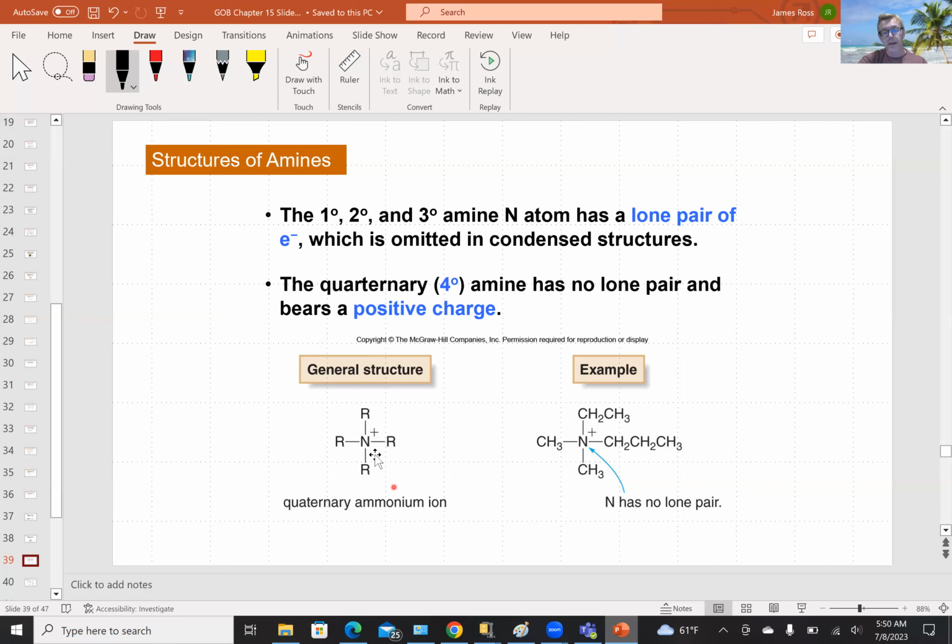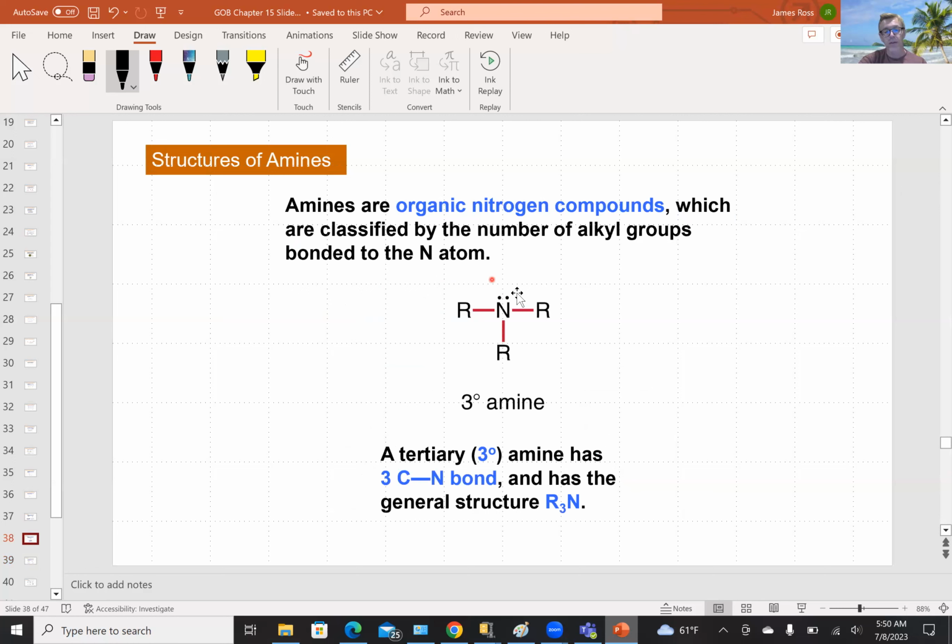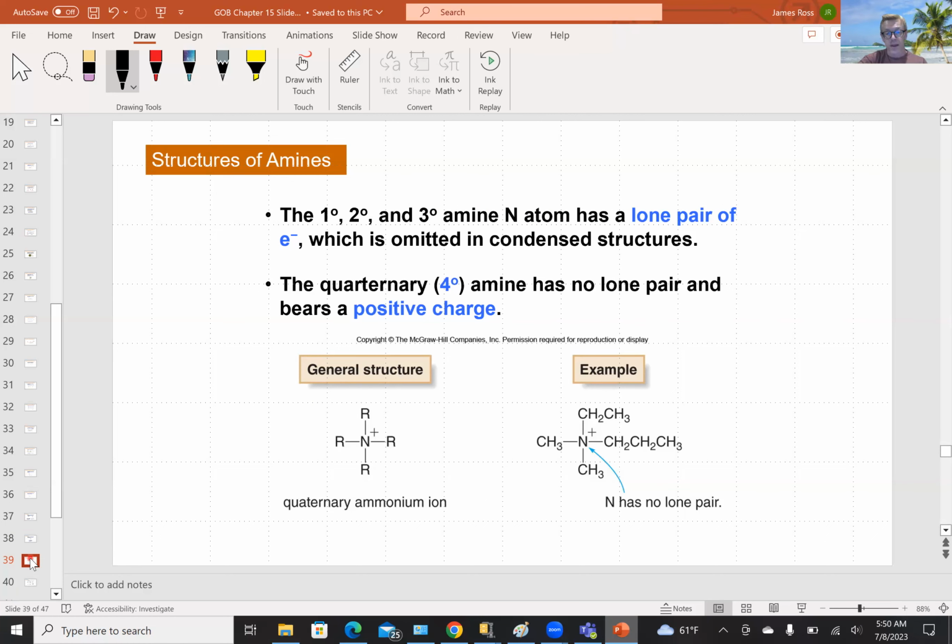Unusually, because of that lone pair, we do have a fourth option with amines. That lone pair can be cast off to snag another either hydrogen or carbon, so we can get a quaternary amine where we've lost the lone pair on the nitrogen.